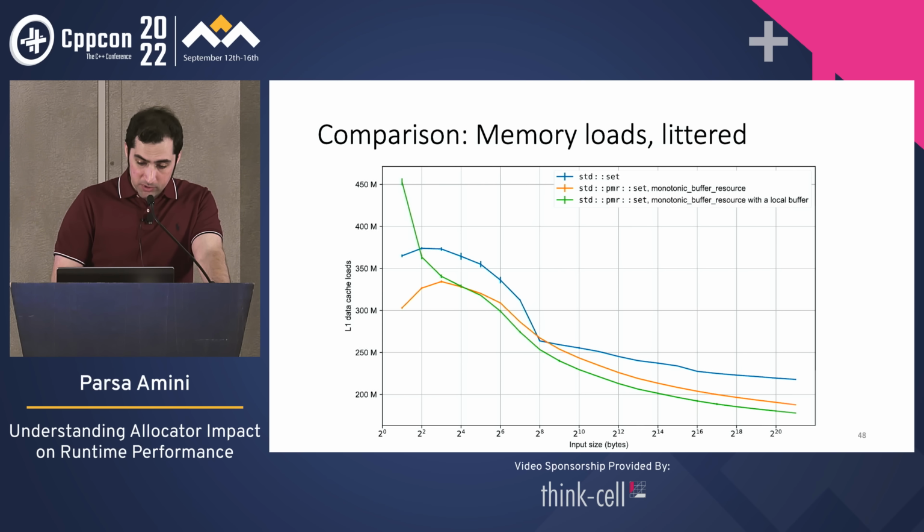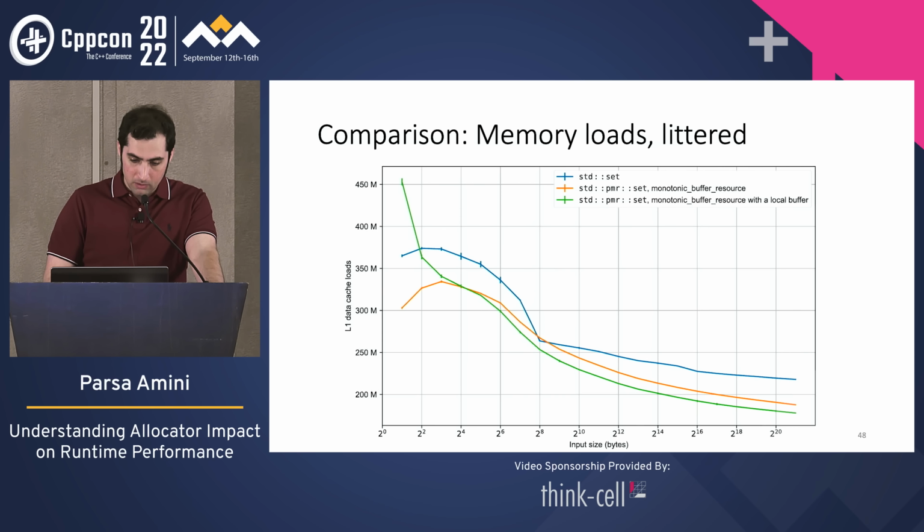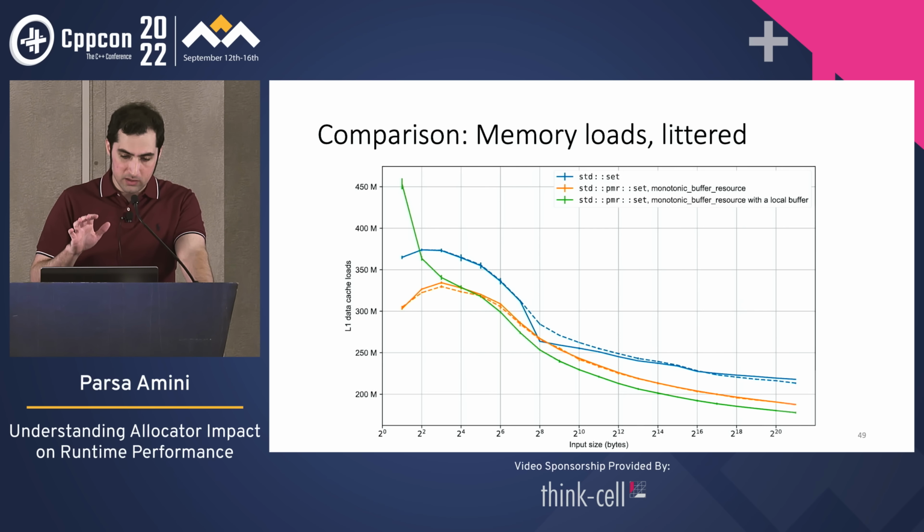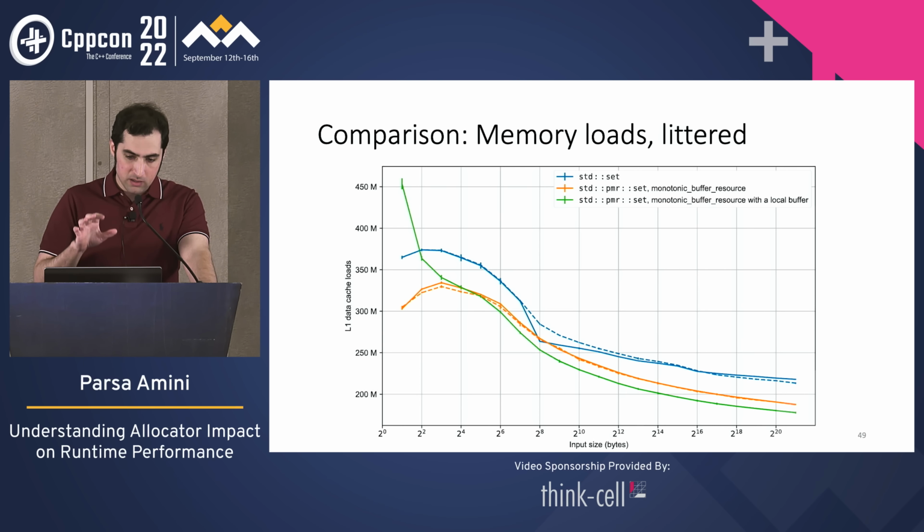We compared the number of memory loads as we did before, because last time it worked really well. And we see that, as a matter of fact, the number of memory loads with littering for the std::set case has dropped.